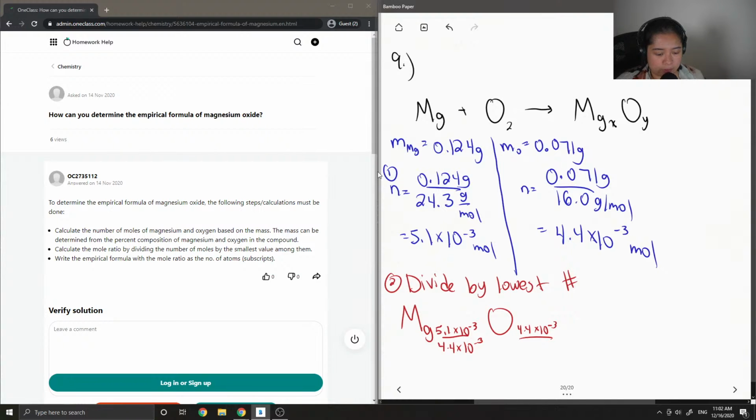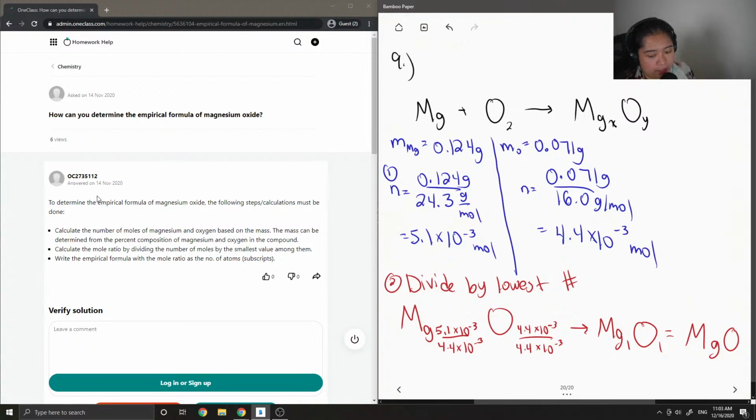And a number divided by itself is just 1. So 5.1 divided by 4.4 is around like 1.1, but we're just going to round it to 1. And oxygen is just 1. So our empirical formula is just MgO.